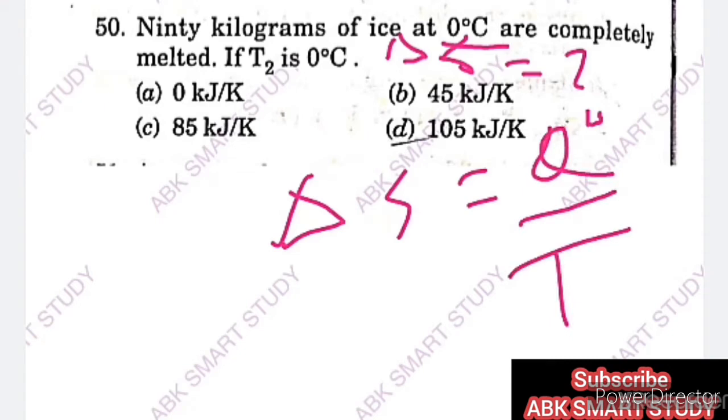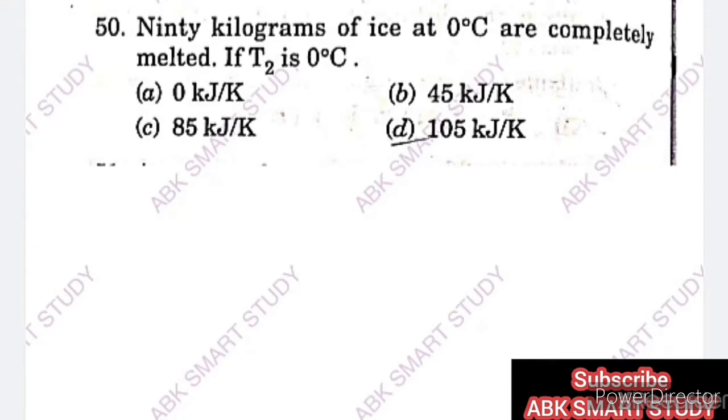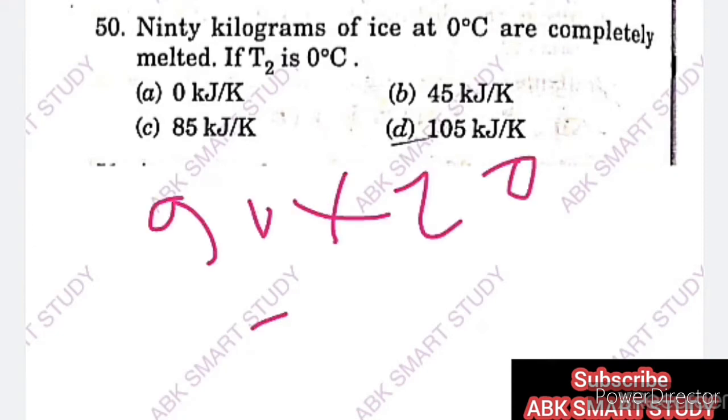So here Q is equal to m into latent heat of ice, where the weight of ice is 90. So 90 into latent heat of ice, which is 320. So 90 into 320 divided by temperature.